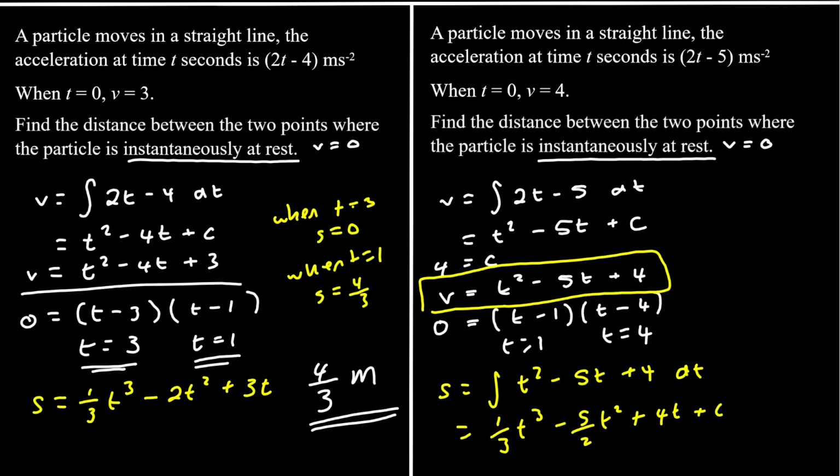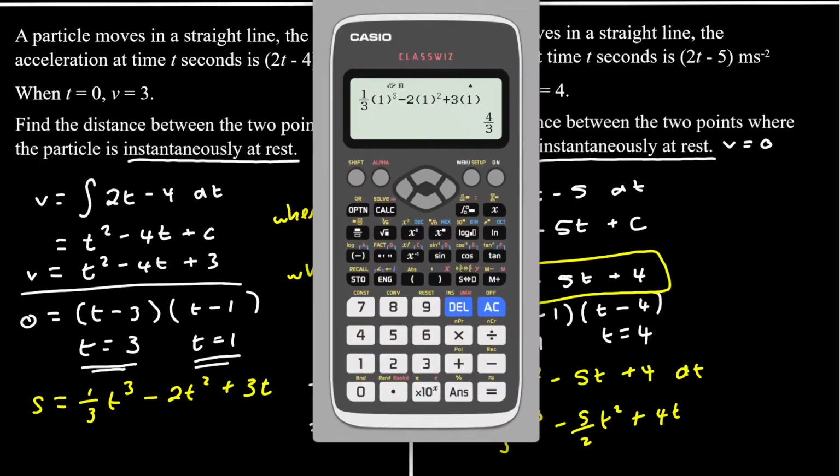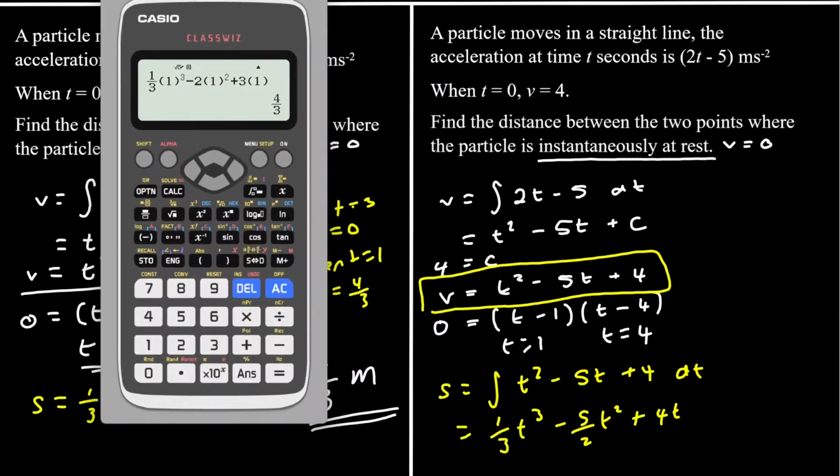So the distance between when t is 1 and t is 4, if we substitute in 1, it'll be something plus c. If we substitute in 4, it'll be something plus c. So the difference between them won't be affected. So I'm going to substitute in 1, substitute in 4, and then look at the difference between them.